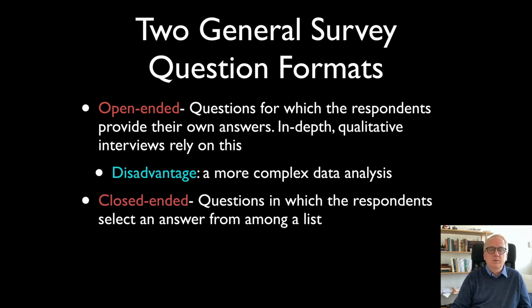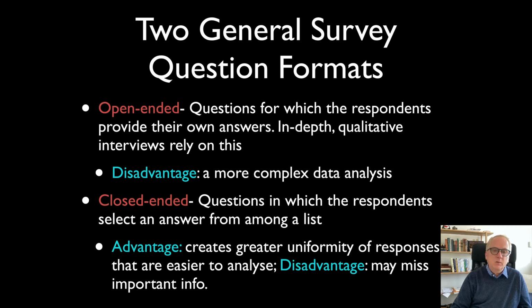These are questions in which the respondents select an answer from among a list of alternatives. The advantage here is that you get greater uniformity of responses that are easier to analyze. This makes it much easier to analyze your data.